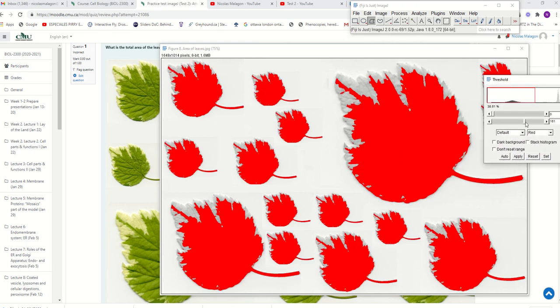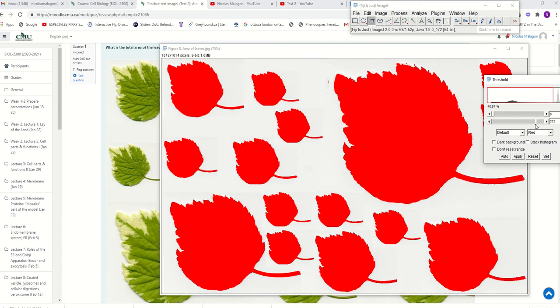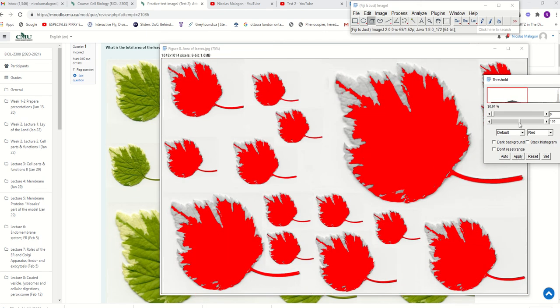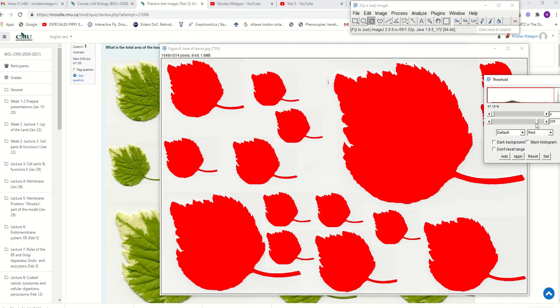So now if you click here and you go all the way, everything will be red, and here you can start adjusting to 0 or start increasing, and you can try to make it as good as possible. For example, here this doesn't exist, but if you go less, you will miss some spots.